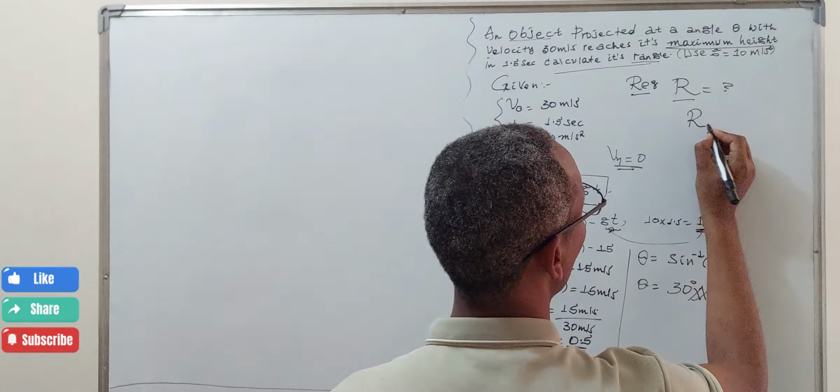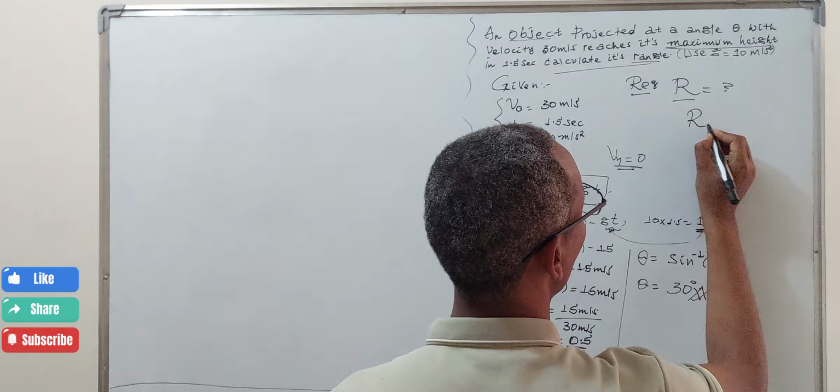You will get this equation using this: let me write over here, range of the projectile motion is equal to V sub x times t, which is equal to V naught cosine of theta times t, the total flight time. So you will get V naught cosine theta times 2 V naught sine theta upon g.